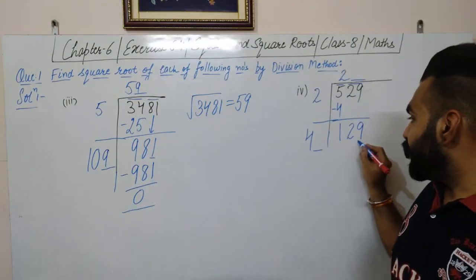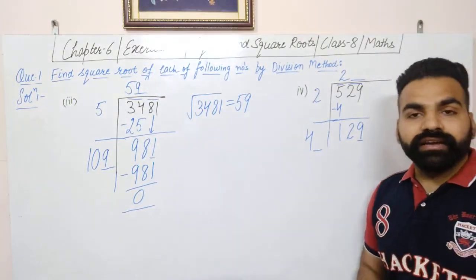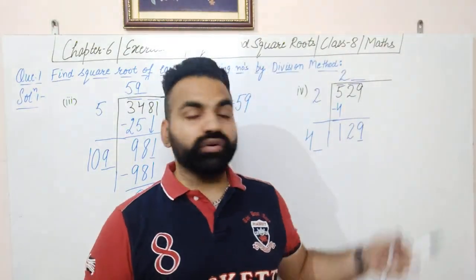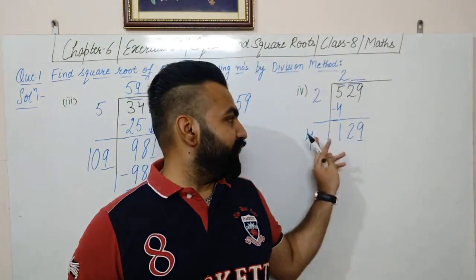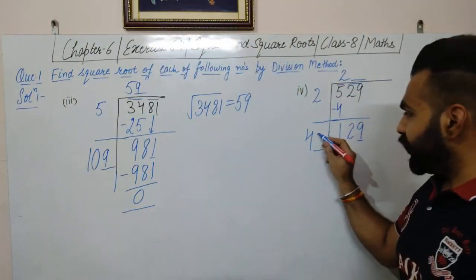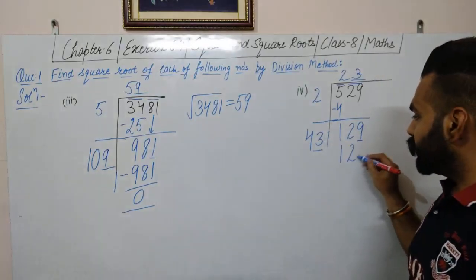Now see what is the unit place here. The unit place here is 9, and we know that 3 square is 9. The unit place is 9 only when there is 3 or there is 7. So whenever we take 3 here, 43 into 3 is 129.